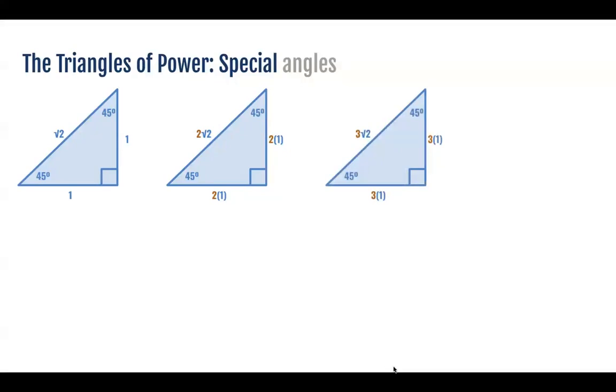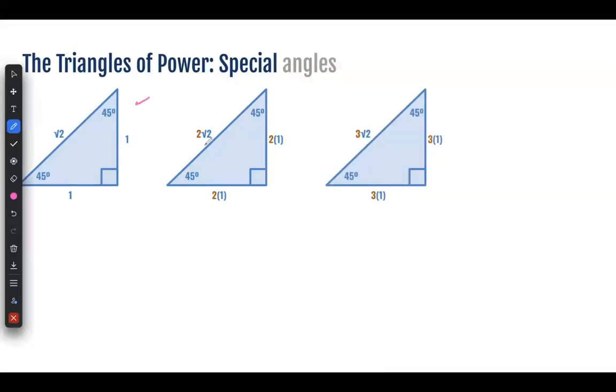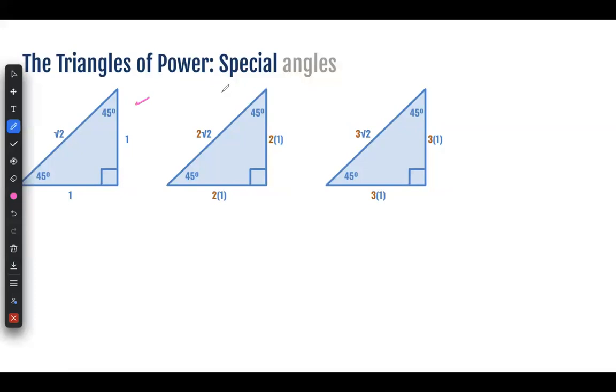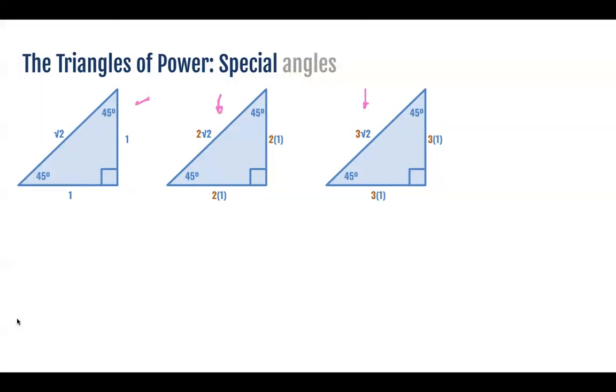That if you're starting with a triangle that looks like this, you can duplicate that triangle if you multiply each side by 2, like we are seeing here. Now, if you once again start with this triangle and you multiply every side by 3, you're going to end up with this triangle, and you're going to start to see a pattern. And that pattern can end up as something that looks like this.